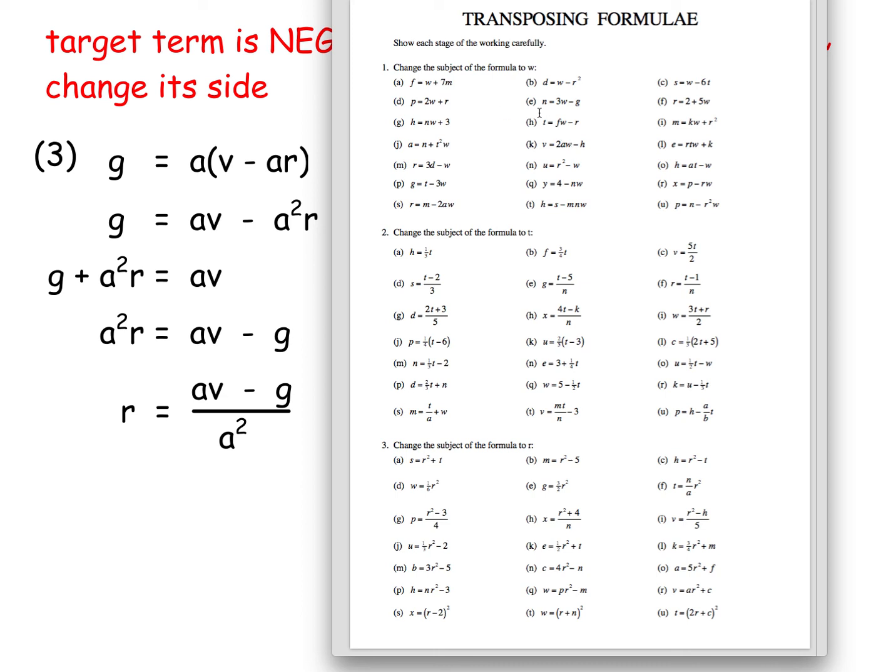It's more difficult as you go through. It brings in little complications like a negative sign in front of the letter that you're after, and then the next one brings in fractions and divisions. So what you're doing is you're multiplying both sides first to get rid of the fractions, and some have brackets to get broken up. They gradually get more difficult through the question, and then the more stages in question 3 get more difficult, and so on.